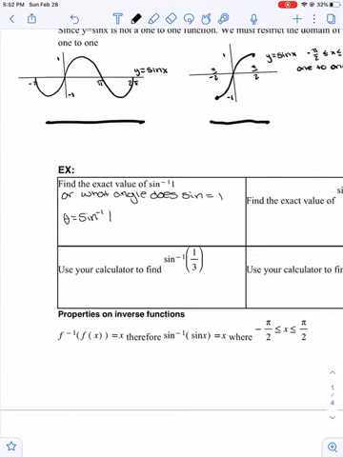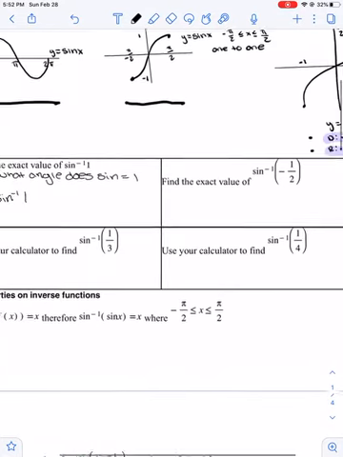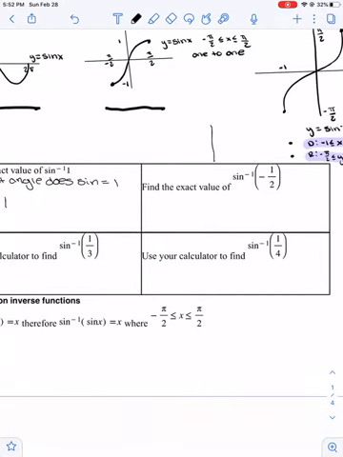And we're looking between that restriction of negative pi over 2 and pi over 2, which if we're looking at our unit circle, here's pi over 2, and here's negative pi over 2. So we would want to include angles like pi over 6, pi over 4, pi over 3, not negative pi over 3, right there.